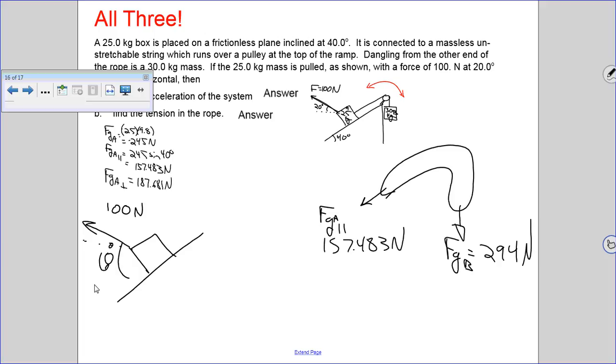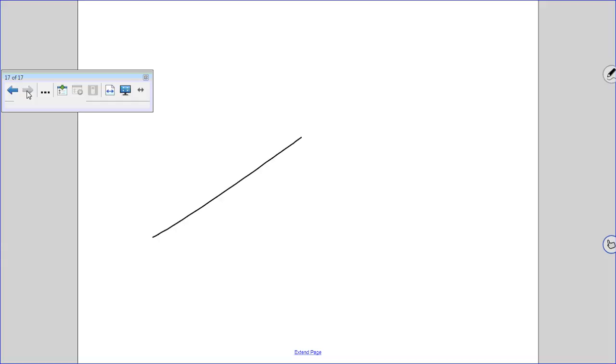Alex, you good or no? Let me make a better drawing. So here's the ramp, here's 40 degrees, and here's the 100 newtons at 20 degrees. So isn't it just 60 to the top of the box?